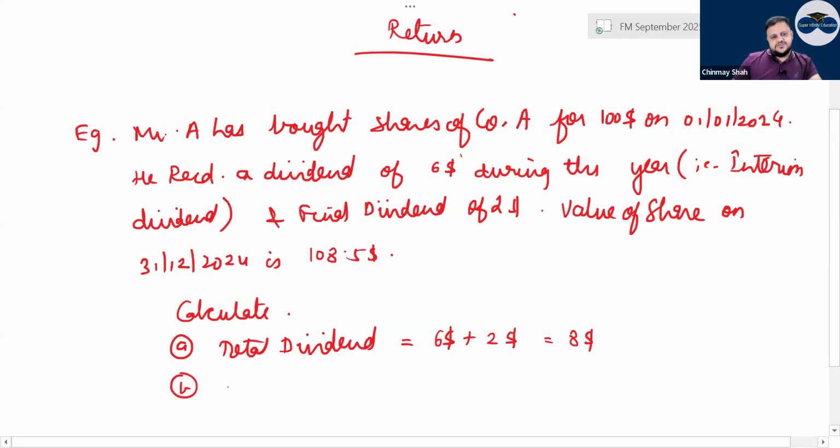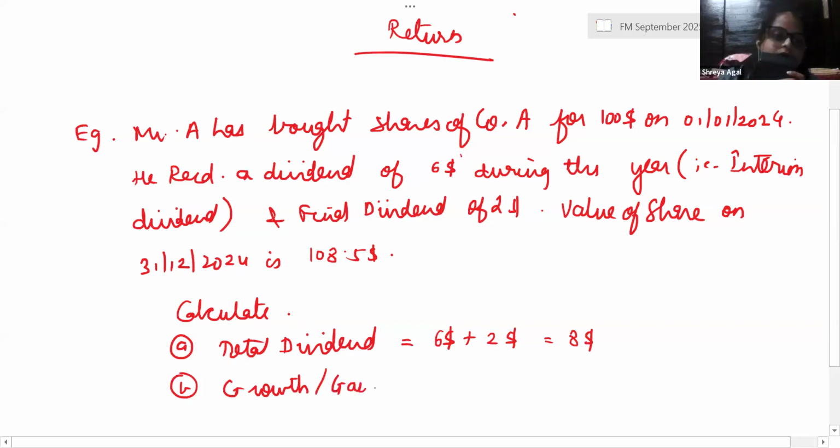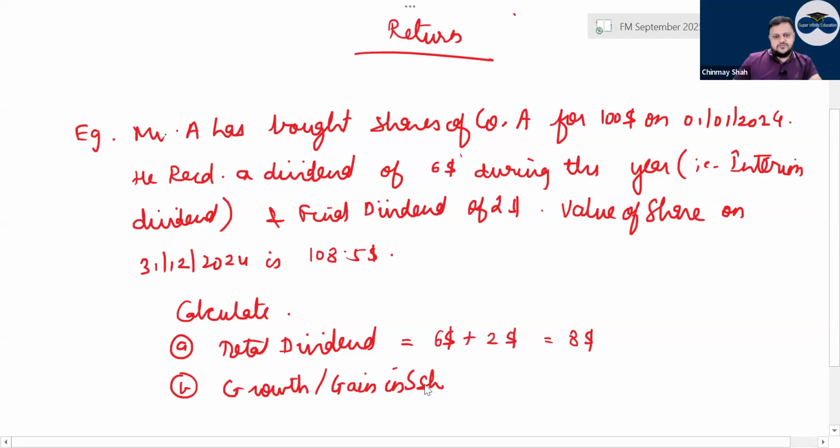How much is the growth in shares? Growth 8.5, या gain in share value? How much is gain in share value? 100 का share you bought.